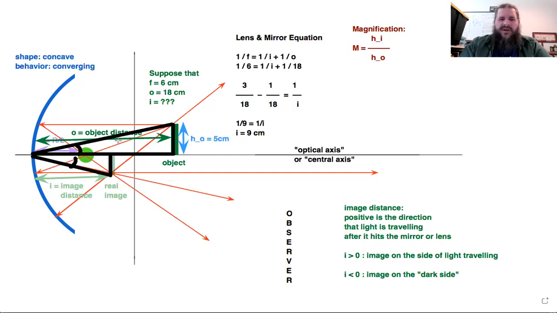So these are similar triangles, and similar triangles have to be proportional to each other. So the ratio of, let's say, image height versus object height has to match the ratio of image distance horizontally over object distance. So this is really the key to the idea of magnification. The image height over object height has to match the ratio of image distance over object distance.